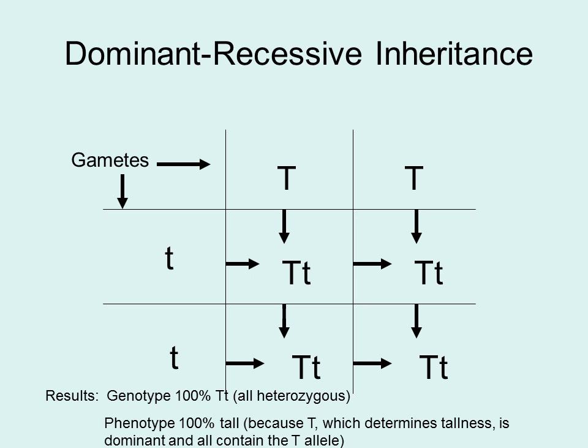And that is heterozygous because one is a big T, one's a little t. They're not identical. The phenotype, what you physically see, because it has a big T, and that's tallness, and that's the dominant trait, means 100%, 4 out of 4, would be tall.